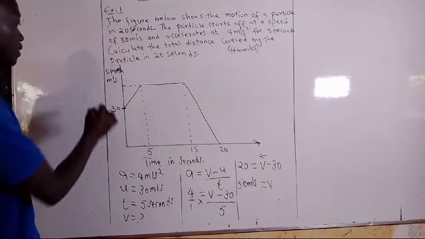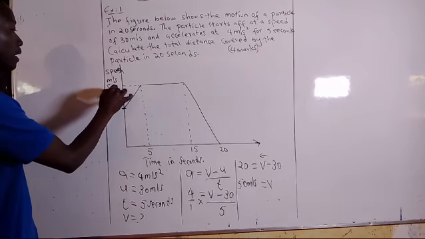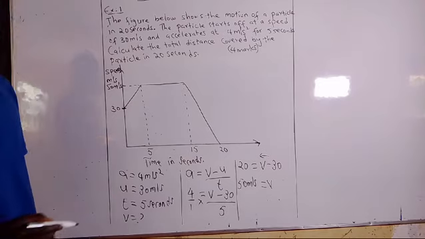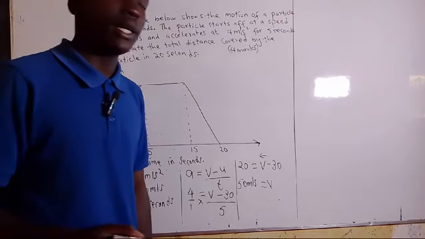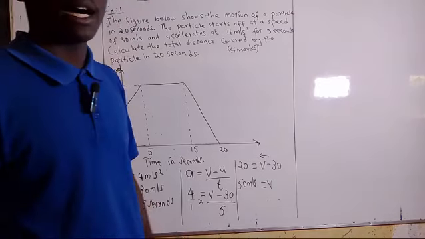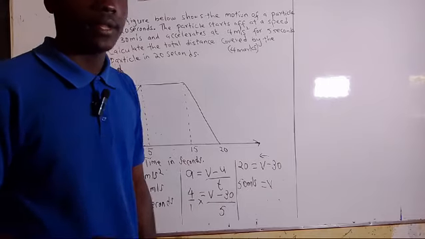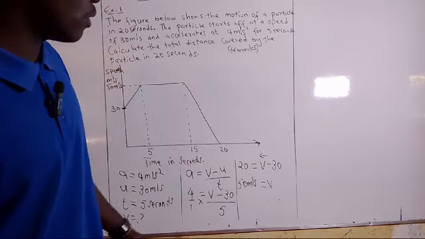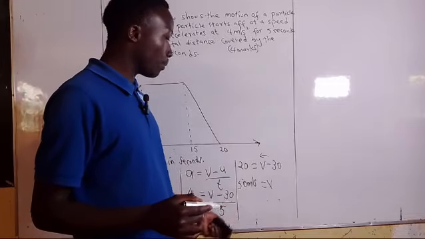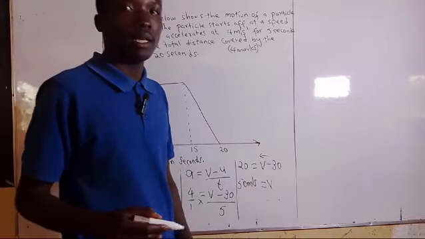Having our final velocity as 50 meters per second, we can now determine the total distance covered within the first 20 seconds. And how do we determine that?